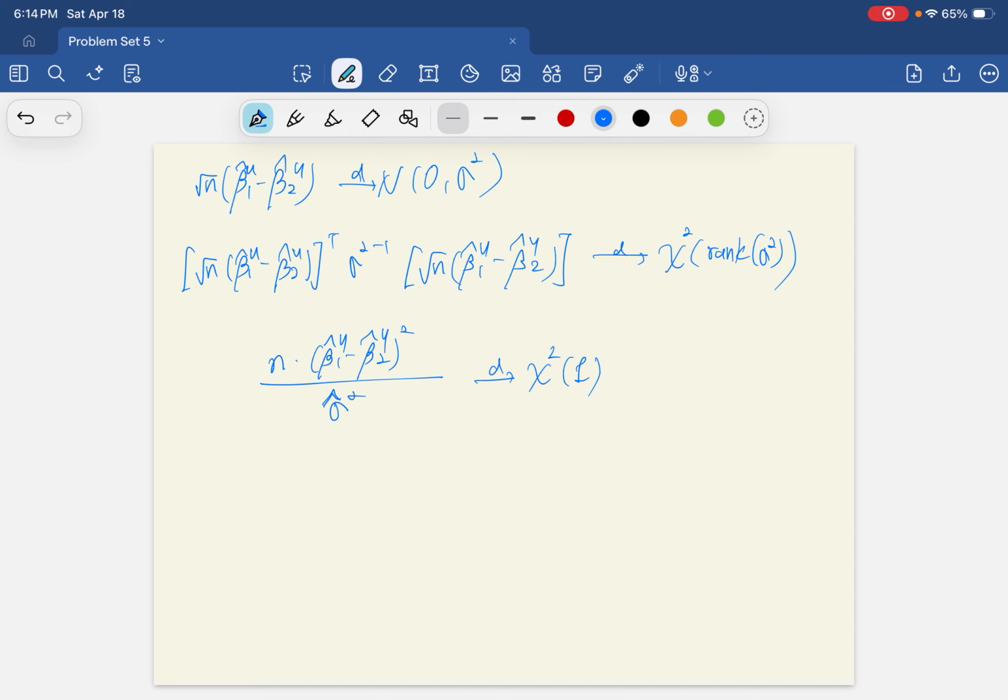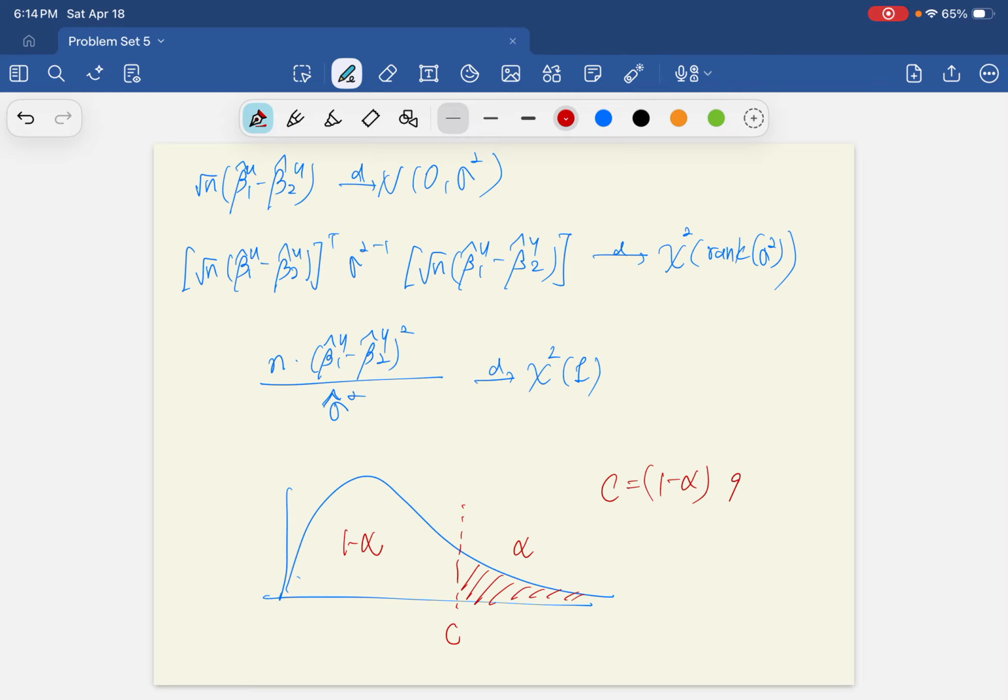Then you still get the same result. You have to choose a critical value such that this probability area is alpha and this is 1 minus alpha. So the critical value C is the 1 minus alpha quantile of chi-square 1. That's how you find the critical value.